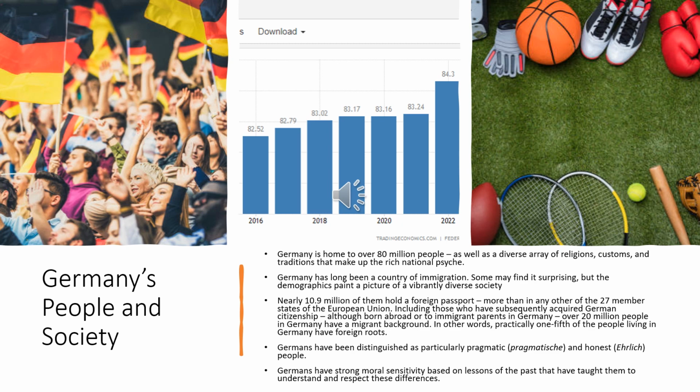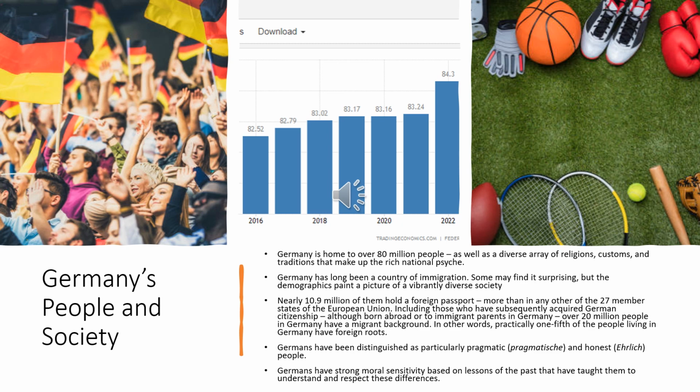Nearly 10.9 million of them hold a foreign passport, more than any of the 27 member states of the European Union, including those who have subsequently acquired German citizenship. Although born abroad or to immigrant parents in Germany, over 20 million people in Germany have a migrant background. In other words, practically one-fifth of the people living in Germany have foreign roots.